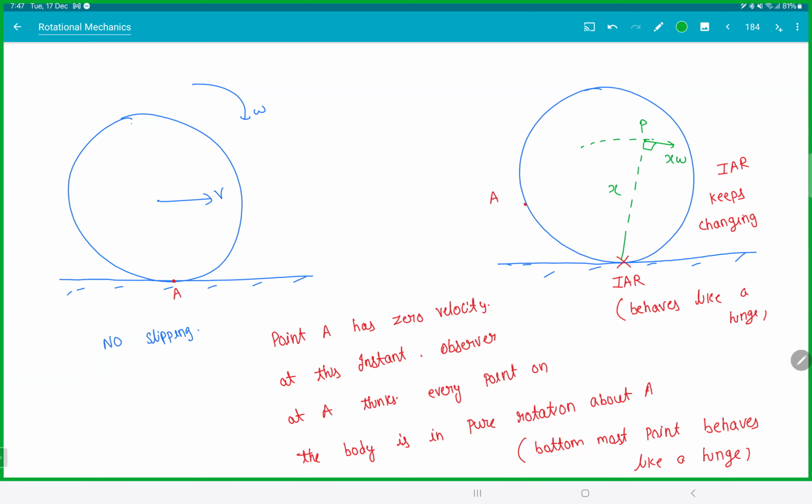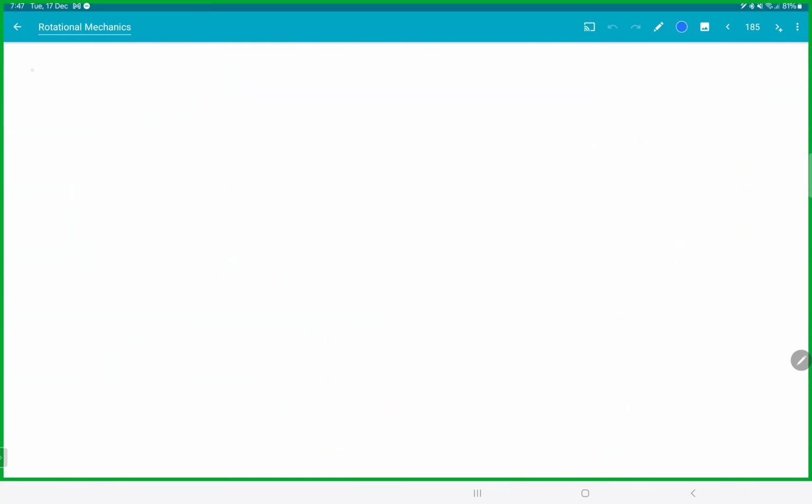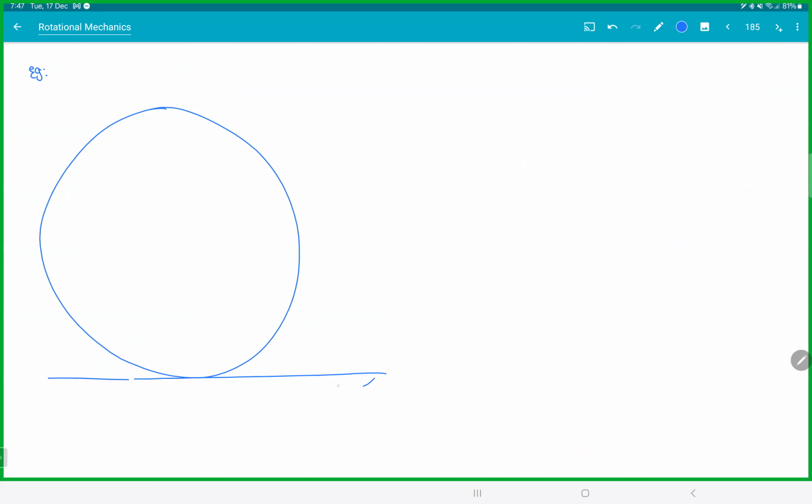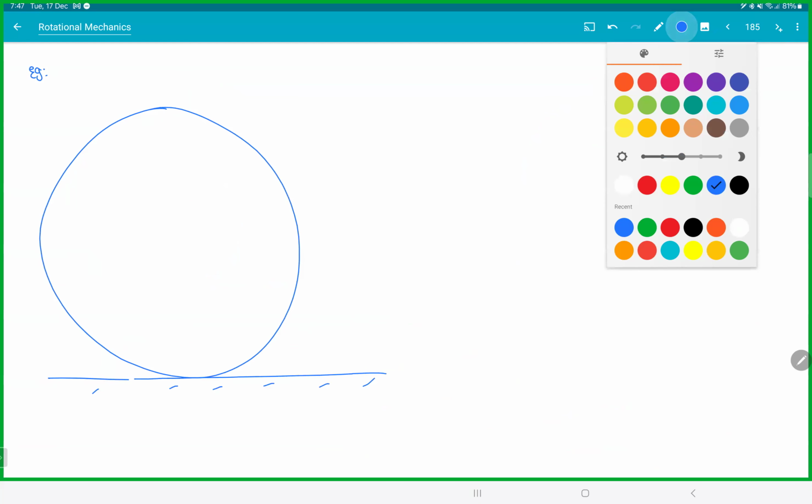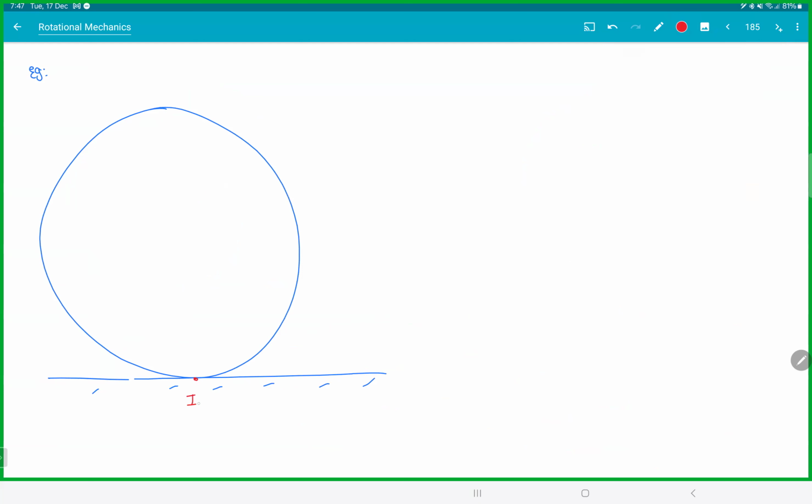So let me show an example how this works. But any doubts on this page? You can't take any other point. Why? If you take any other point, that is moving, but A is at rest momentarily. So example, let's say if you take our disk, if this was your IAR, now if you take the topmost point, this distance is 2r.